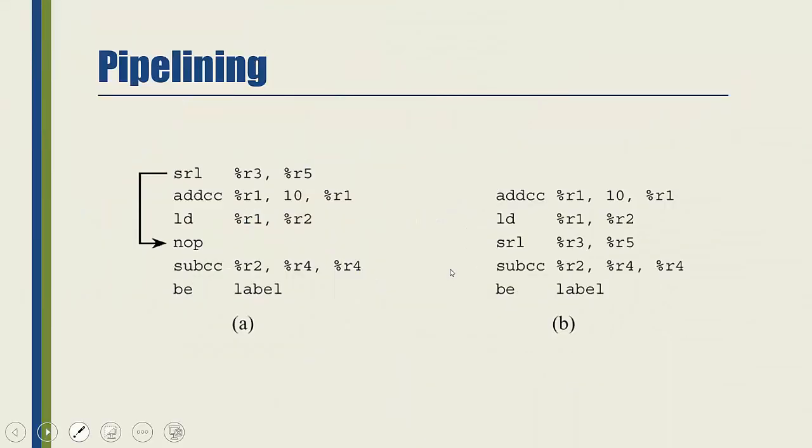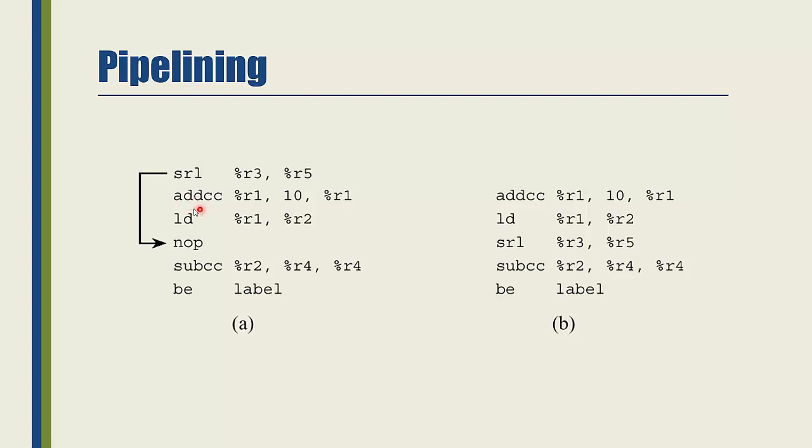For example, we have a set of instructions where some don't depend on any other instruction, and some depend on other instructions. For example, this SRL instruction is using register 3 and register 5, and none of the other instructions is using those two particular registers.